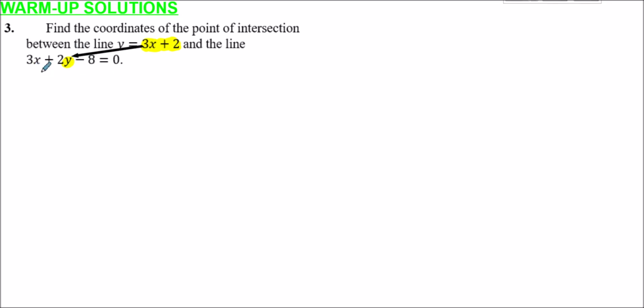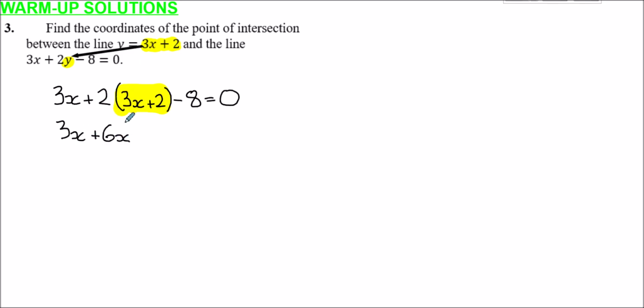That step now transforms this second equation into 3x plus 2 lots of 3x plus 2, because that's the expression for what y is, minus 8 equals 0. We can now neaten this up, expand it out, so we get 3x plus 2 times 3x is 6x, 2 times 2 is 4, and finally this minus 8 at the end.